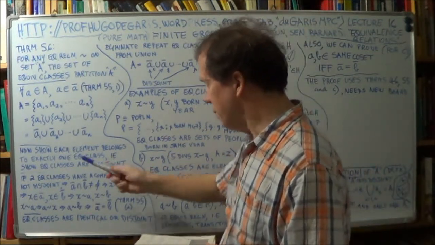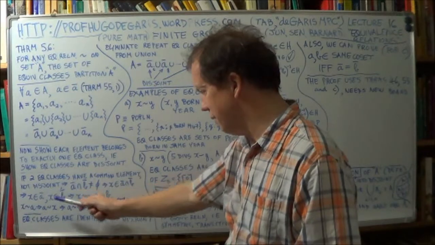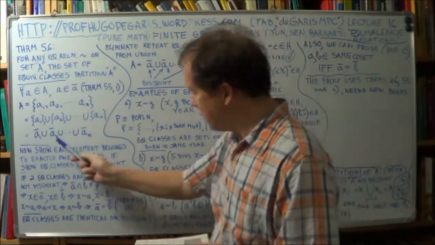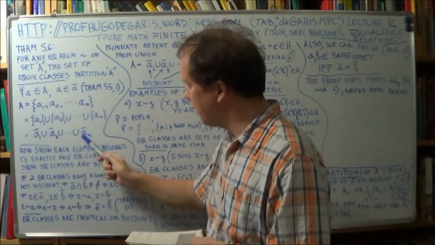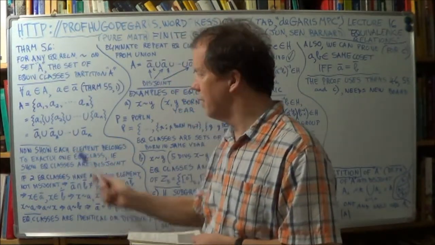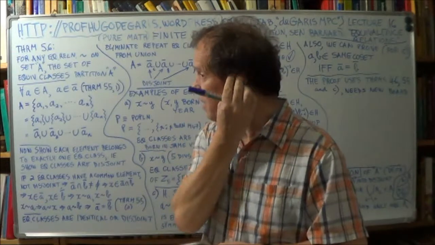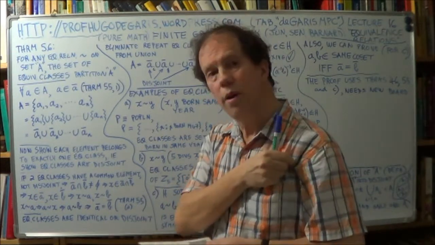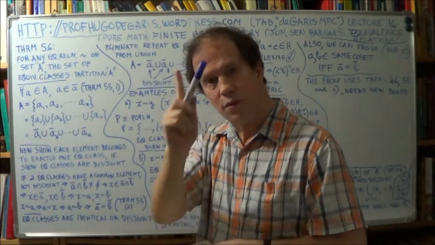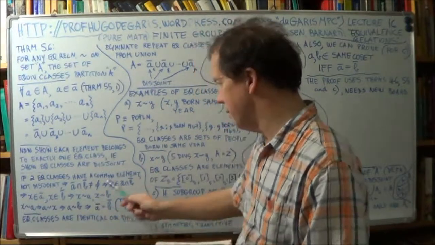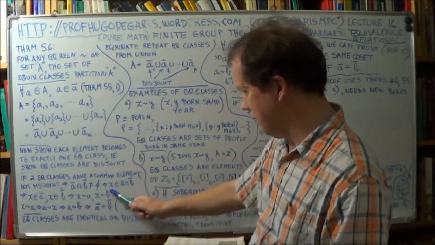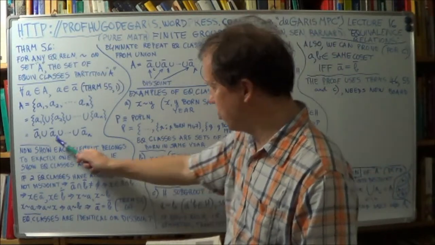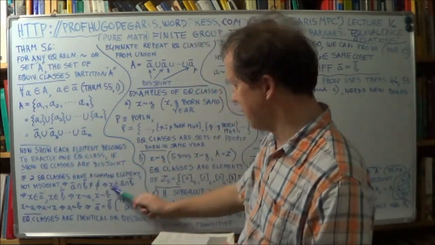Right. So let's see the consequences. If we have, say, two of these residue classes, the ith one and the jth one, and let's say they do have at least one element in common. So let's say there's an element that belongs to two of these residue classes.